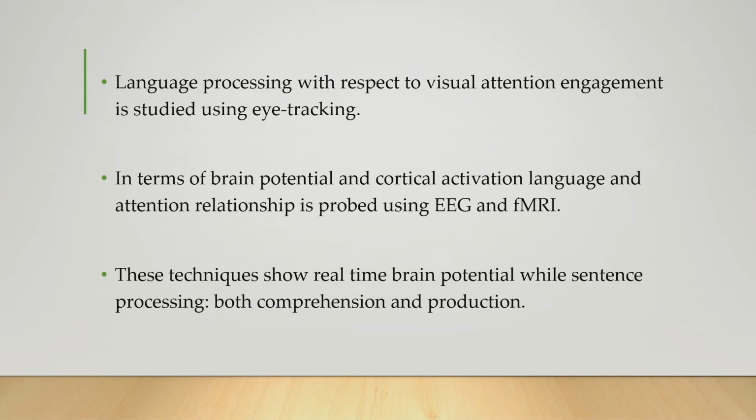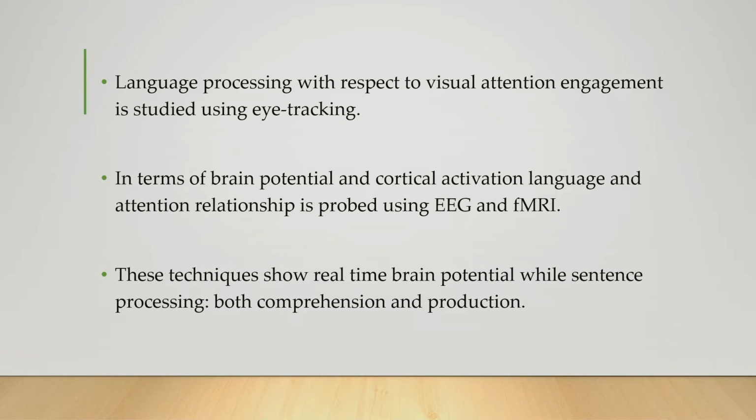So, language processing with respect to visual attention engagement is what we have seen already using eye tracking, right. So, eye tracking as a methodology uses the movement of the eyes as an indicator of the processing strategy that the human brain is employing in any kind of task.